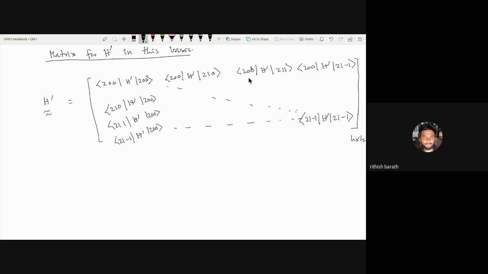Okay, so now you can use either the wave function or you can argue it out. For example, you know that this H prime is z, right?